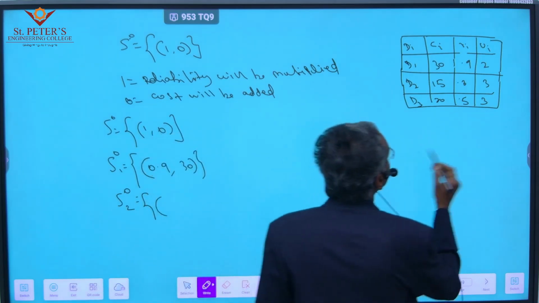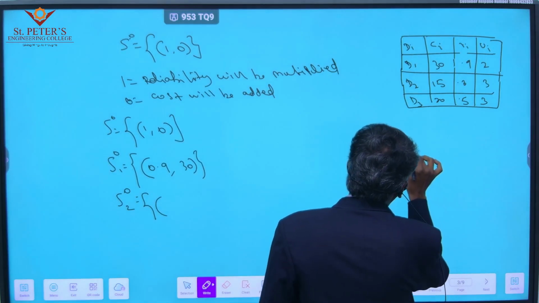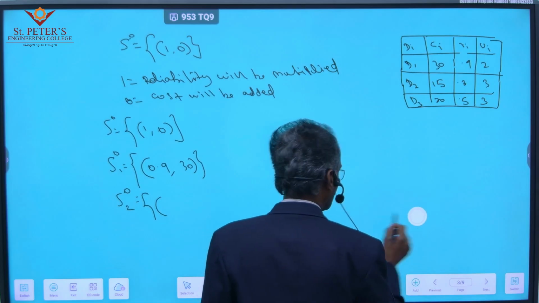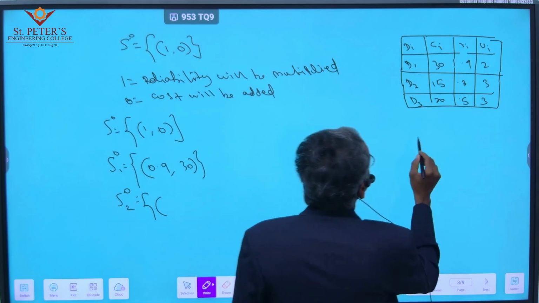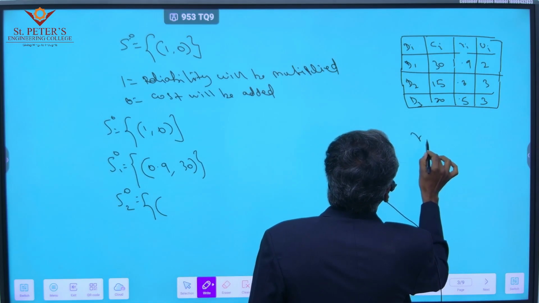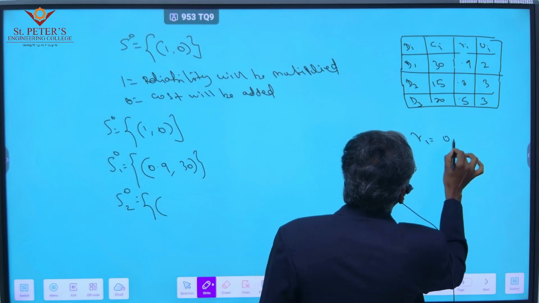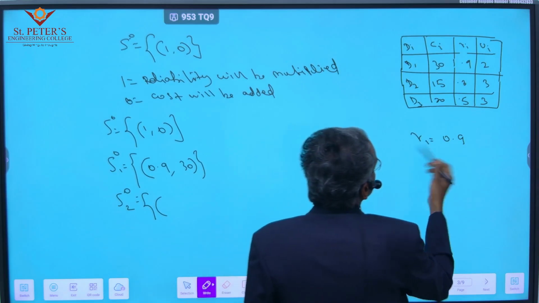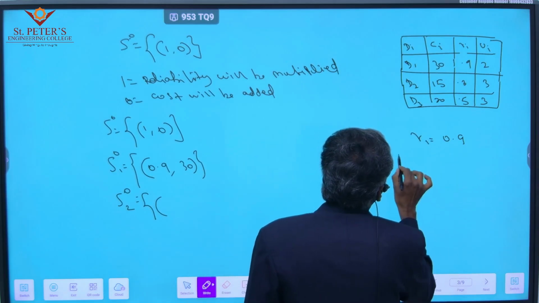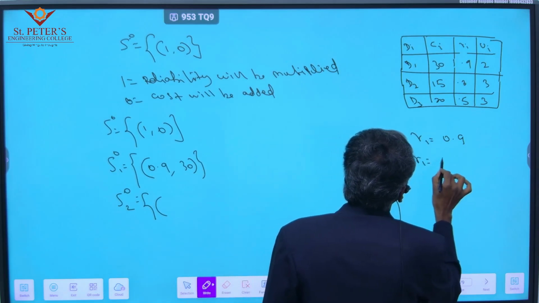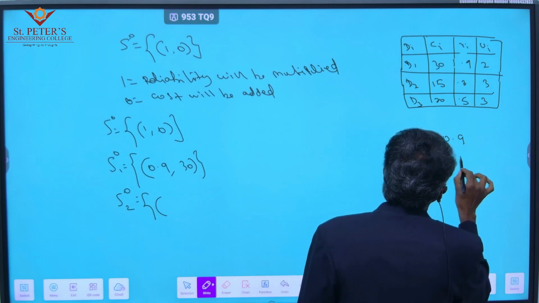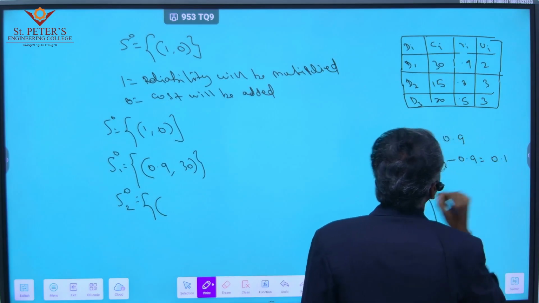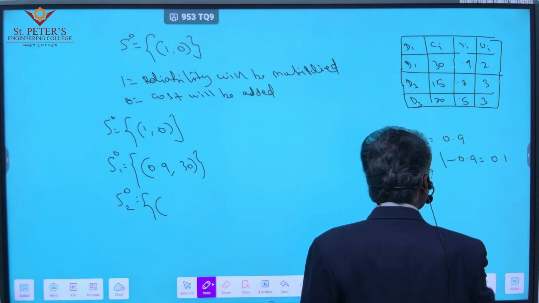So I'll calculate here. R1 is equal to 0.9, and the failure rate is 1 minus R1, which is 1 minus 0.9 equal to 0.1. This is the failure rate.